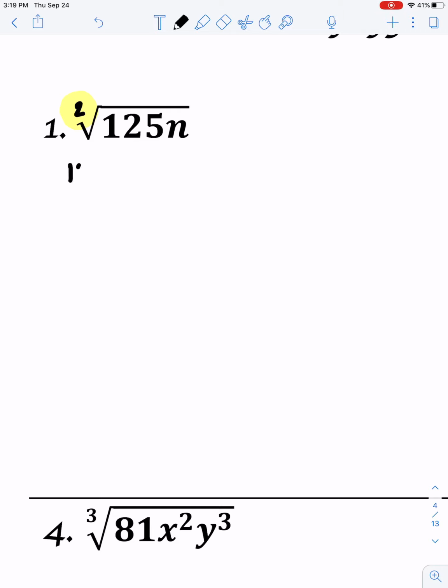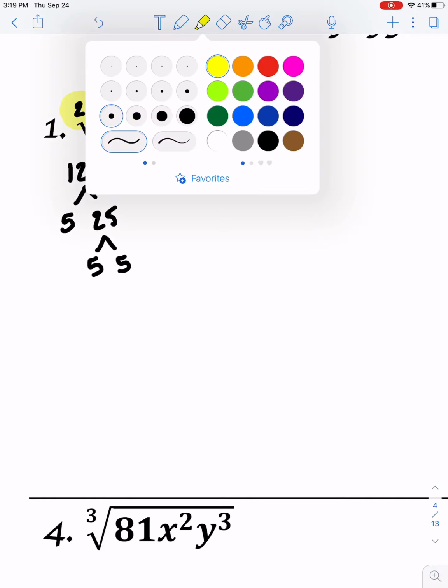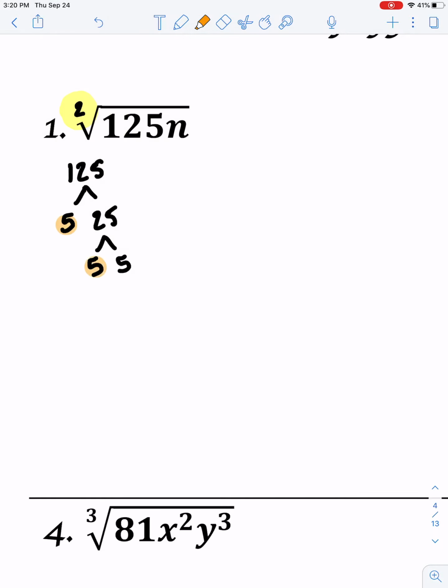So 125 is 5 times 25, which is 5, 5, 5. Again, I just highlight or make notes of my prime numbers.